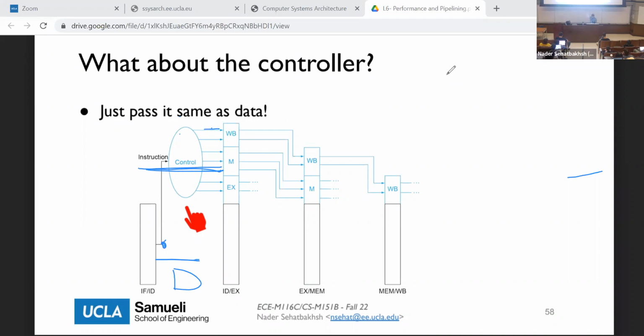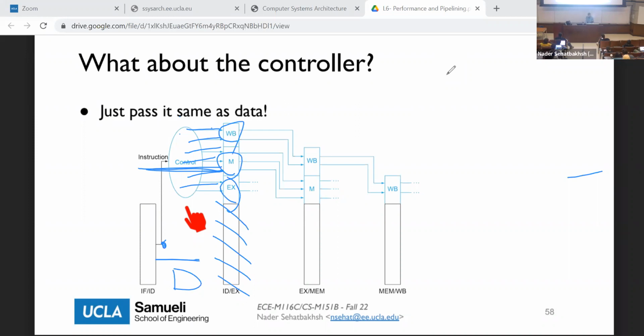So all these lines come from the controller. But this also needs to be passed to the next cycle and the next cycle. So in addition to having these registers that take care of our data path, we are adding these additional registers here that remember things from our controller. And we keep passing this to the next stage and the next stage.